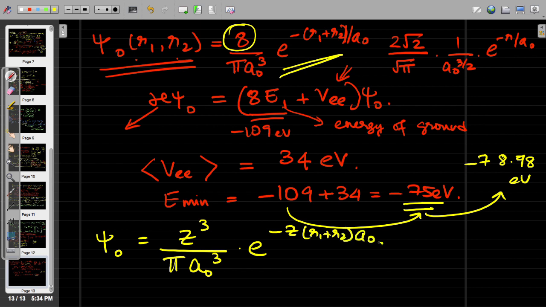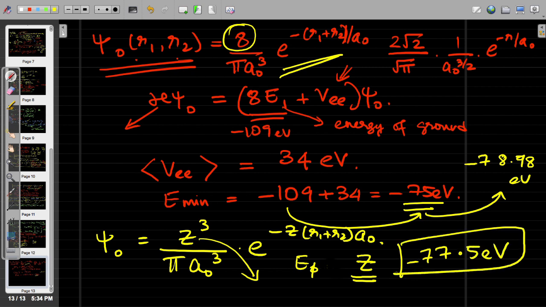Now you have z as the variation parameter. Let's say you get the energy for this and then minimize with respect to z and follow the entire ordeal. You would find that the energy can be estimated to be minus 77.5 eV, getting even closer to the experimental value.